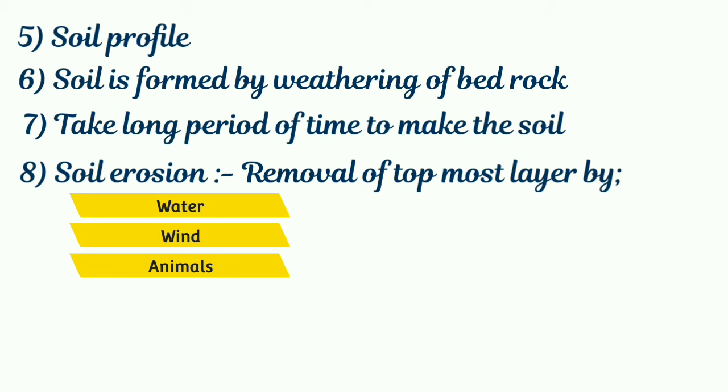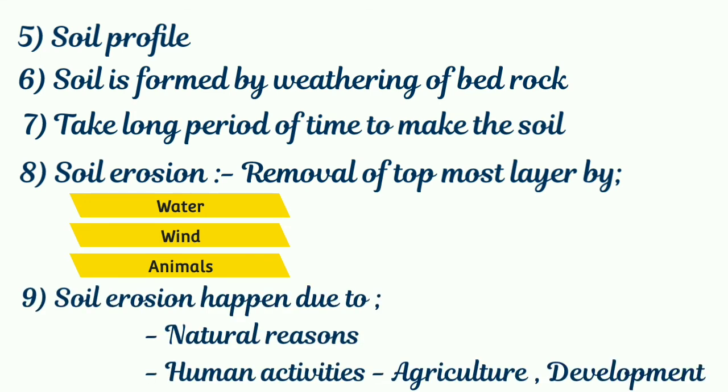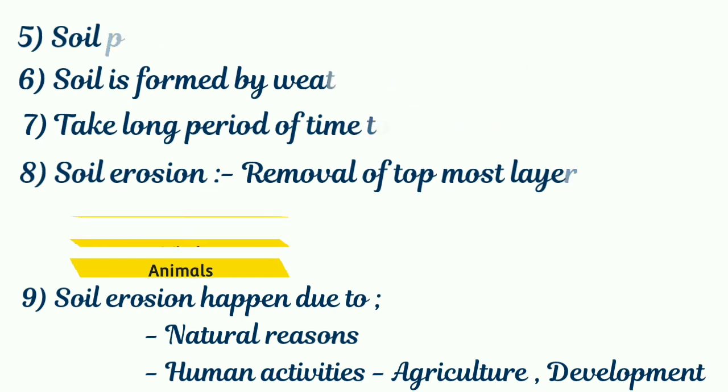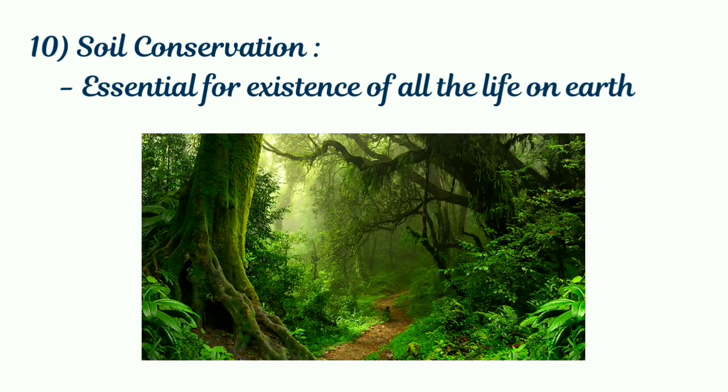Soil erosion takes place due to natural reasons and also human activities such as agriculture and buildings, that means development activities. Last one, our duty: soil conservation is essential for the existence of all life on earth.